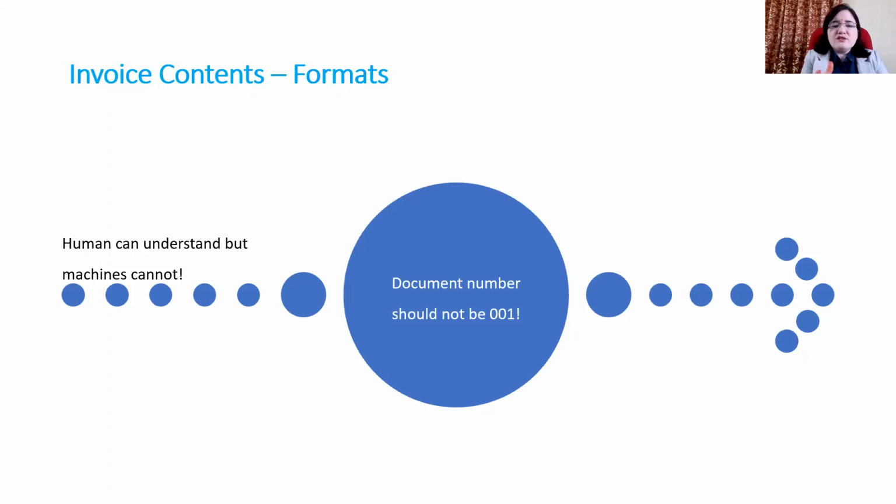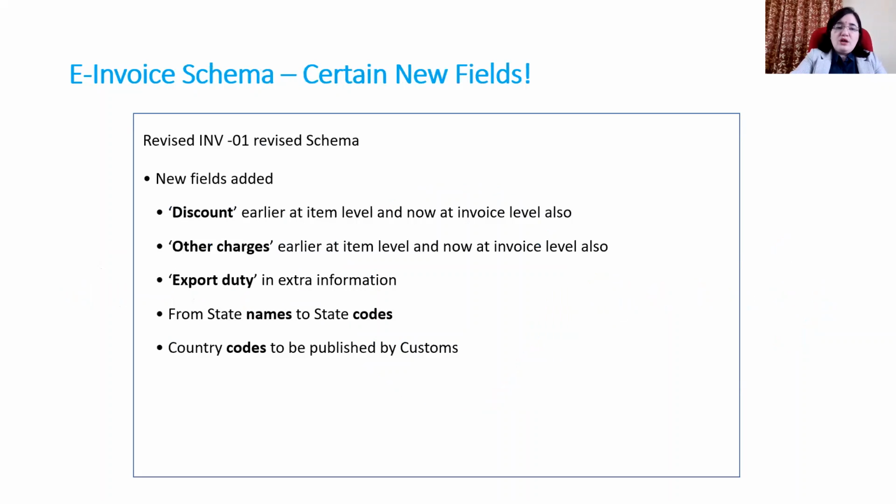It can be 100, but 001 can't be read by the system, and hence you should not use 0 before the starting number, which you may have been using earlier. Now stop using the 0 before the number.